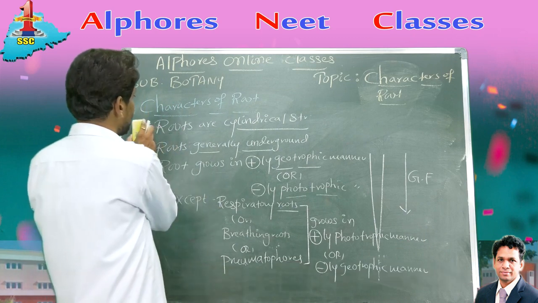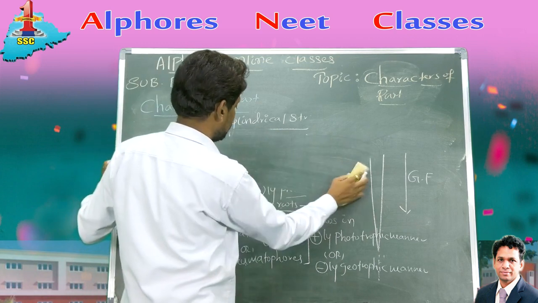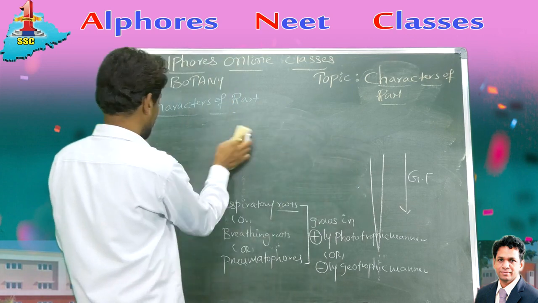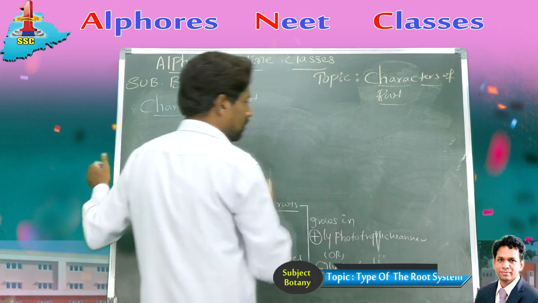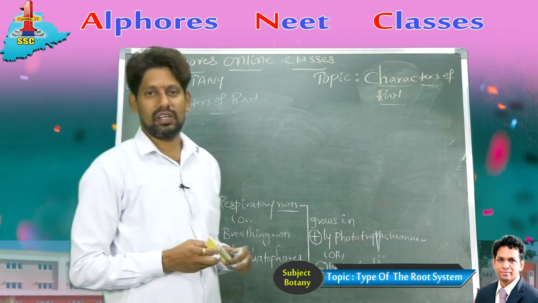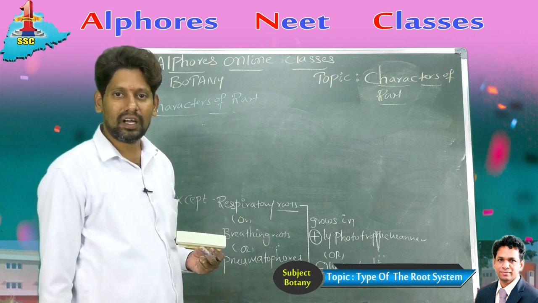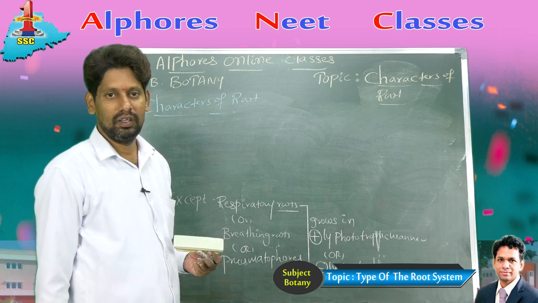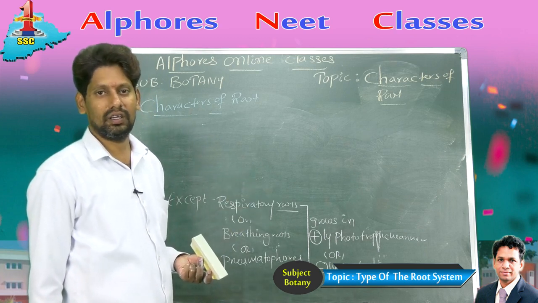Now we are discussing the characters of root. Sir, are roots green in color? No. What makes a plant organ green? Chlorophyll. Here, roots are not green in color. It means they are without chlorophyll.